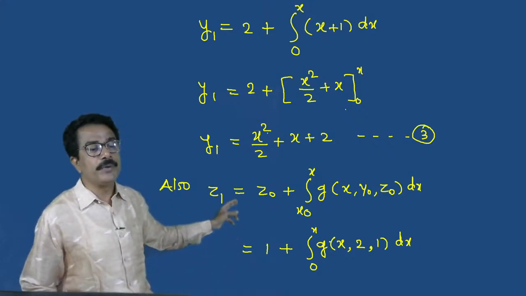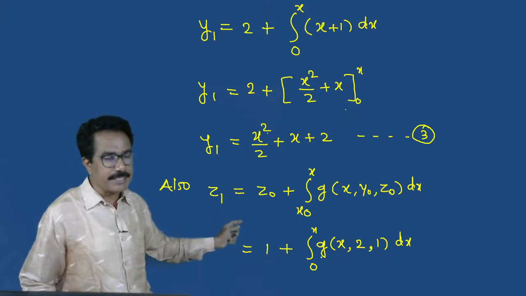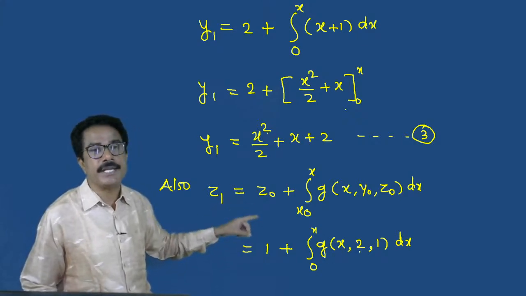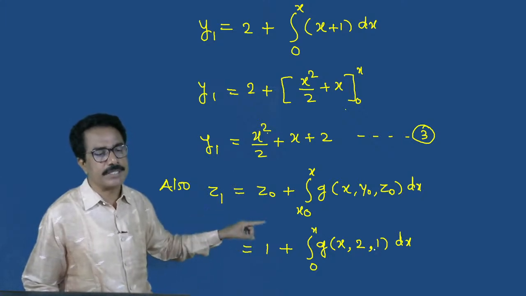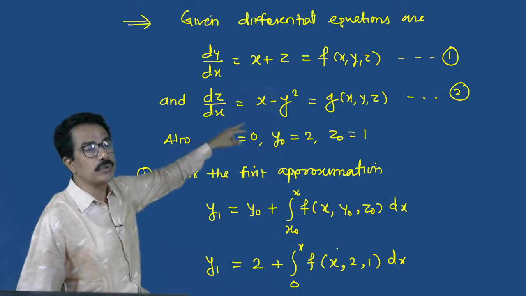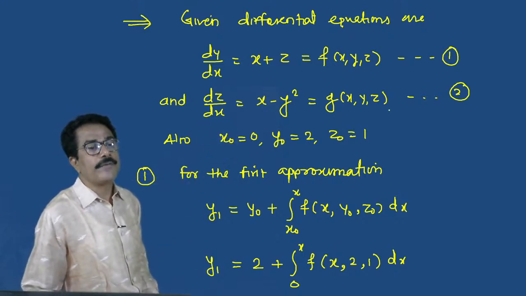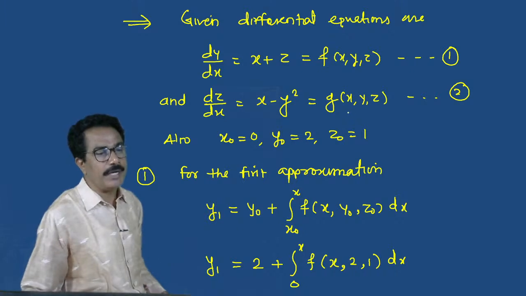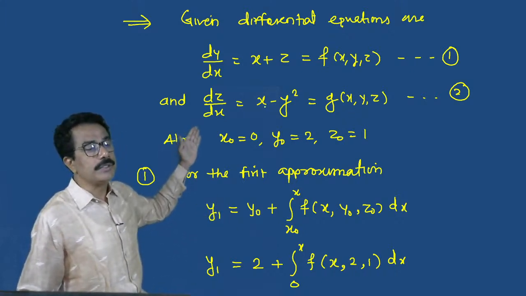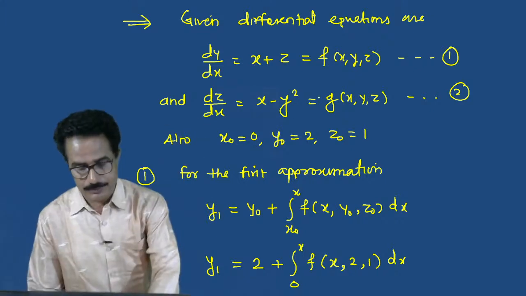Okay, now put this value in place of g, put x as it is, in place of y put 2, in place of z put 1. So we get g of x comma 2 comma 1. See this, from this g of x comma 2 comma 1, in place of y we have to put 2, so what will come, x minus 2 square.